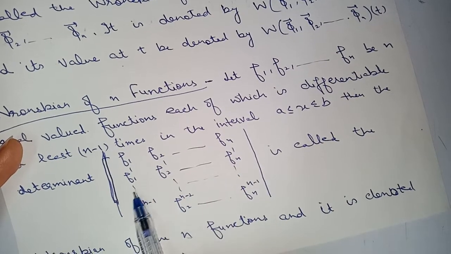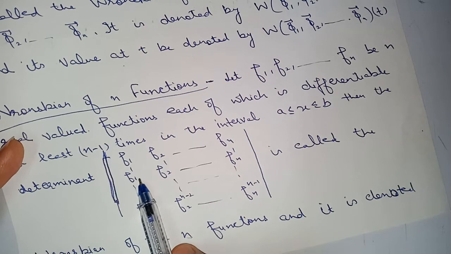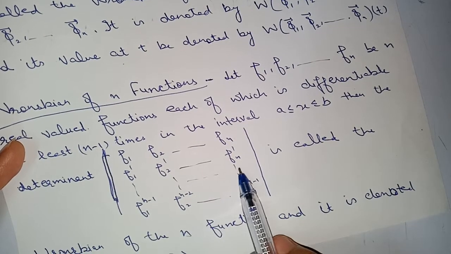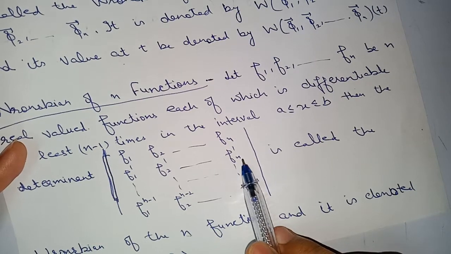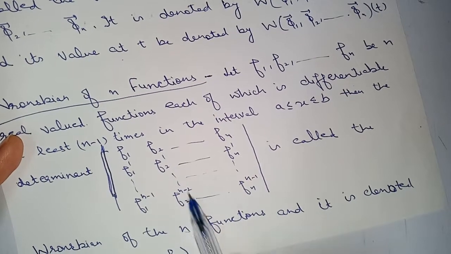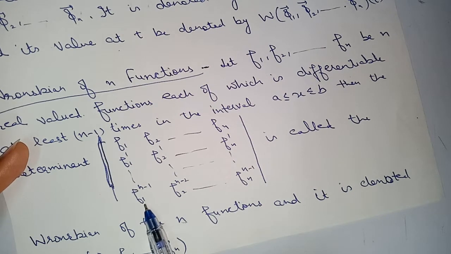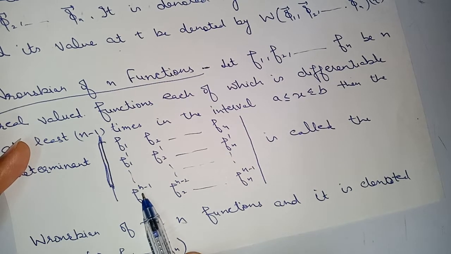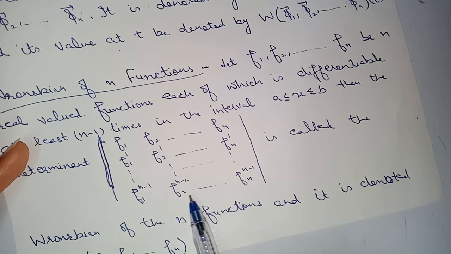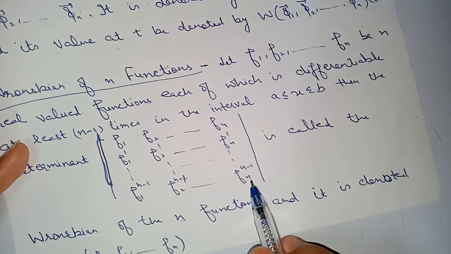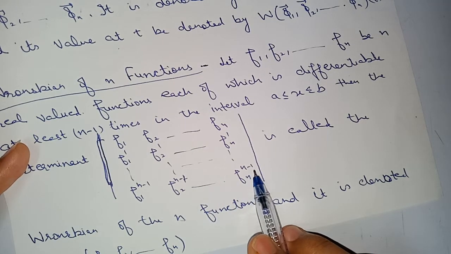In next row we have f1 double dash, f2 double dash up to so on fn double dash. Up to so on, the last row is f1 derivative n minus 1 times, f2 n minus 1 up to so on fn n minus 1.